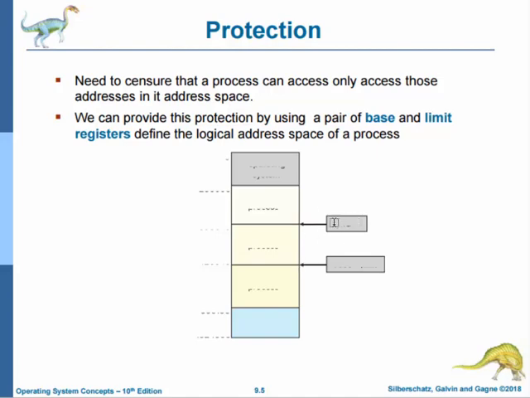For example, if the base register holds 300,040 and the limit register is 120,900, then the program can legally access all addresses from 300,040 through 420,939. So it will be the addition of the two values.